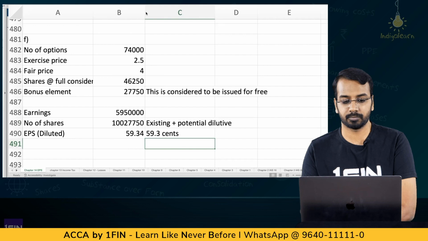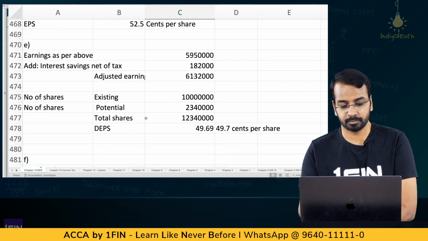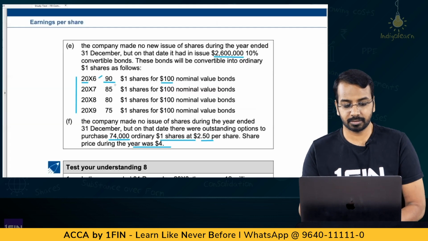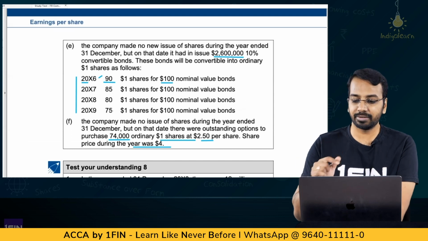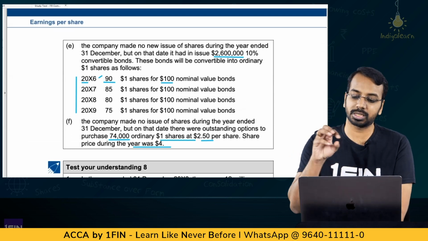Sir, for the diluted, the last thing we have done, why did we take only 90? That was the worst case scenario you said, sir. So see, in that case, conversion can be 90, 85, 80, 75. Where will we get the maximum number of new shares? Because that will be the most dilutive scenario.